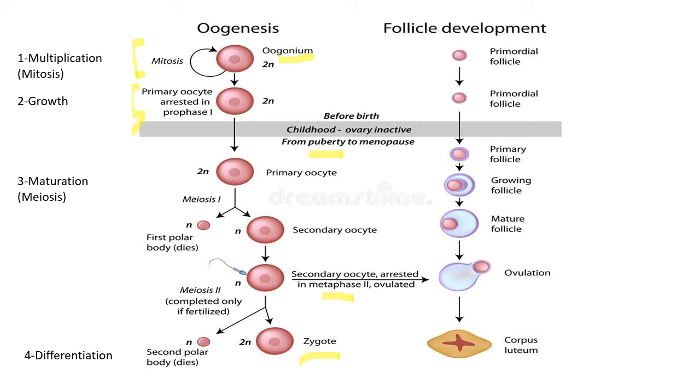And at the end of the cycle, we said that the ruptured Graafian follicle becomes corpus luteum and it will degenerate. And here, in each case, there is a consequence. In the first case, in which there is no fertilization, the corpus luteum will degenerate at the end of the cycle. It means at day 28. But if fertilization occurs, then the corpus luteum will remain 3 months of pregnancy.